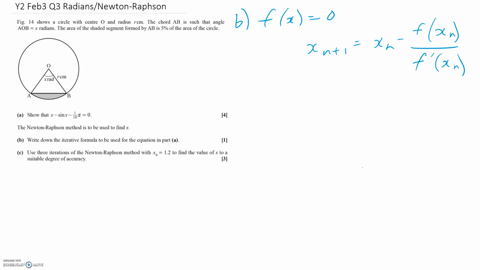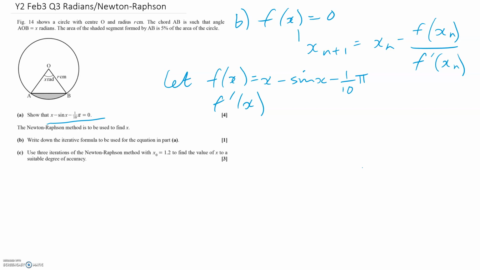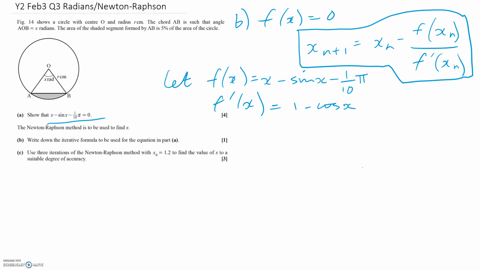So in this question, this already equals 0, so if we just let f(x) equal x minus sine x minus 1/10 pi, f dashed x, let's just put this out of the way. If we differentiate this, we're going to get 1 minus cos x.